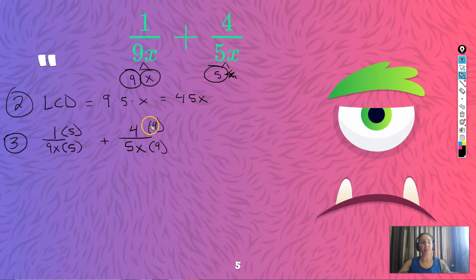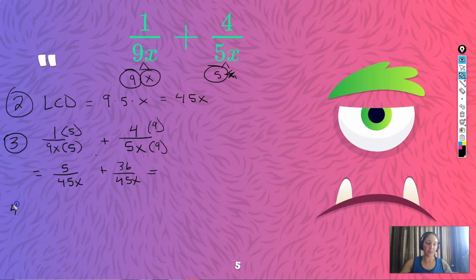Remember, whatever you do to the denominator, you must do to the numerator, to keep it equivalent. Alright, let's clean up. So that'll now be 5 over 45x. This will now be 36 over 45x. Hey, look, now I have my matching denominators.